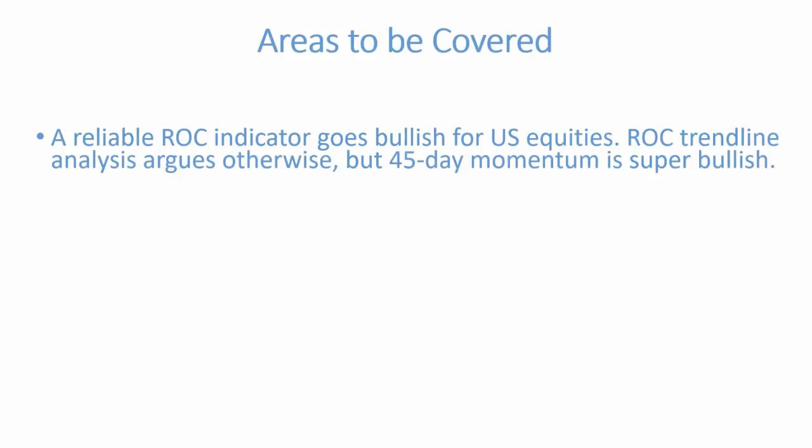But then we've got a 45-day rate of change, which is super bullish. So if you want to be bullish, you can be bullish by looking at some of these indicators. If you want to be bearish, you can be bearish. But the fact is the evidence is fairly evenly matched, and we want to be careful what we do in either direction.